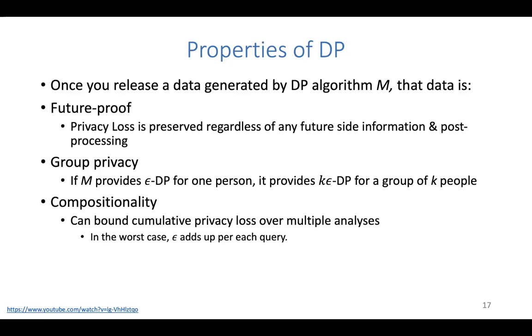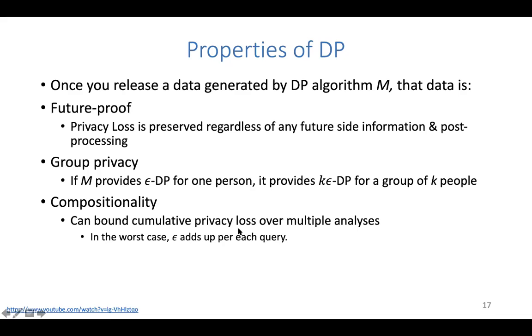If your mechanism M provides epsilon differential privacy for a single query, like doing a single study or single analysis on a data set costs epsilon privacy loss, then when you do multiple analyses on the data set with the same mechanism M, you can bound the total privacy loss over the multiple analyses. In the worst case, you can simply add epsilon by the number of queries.